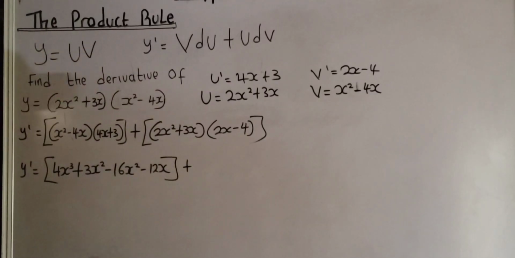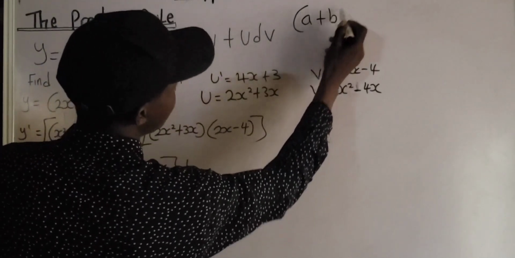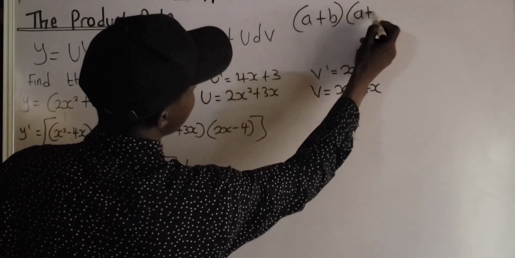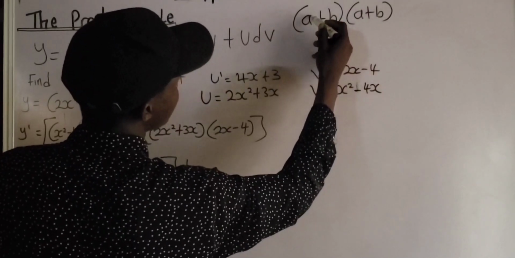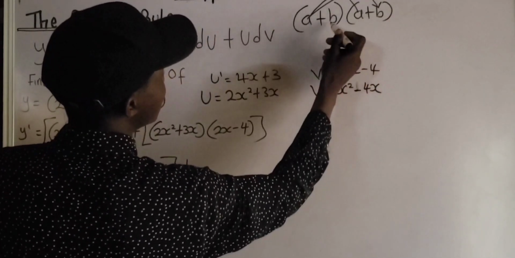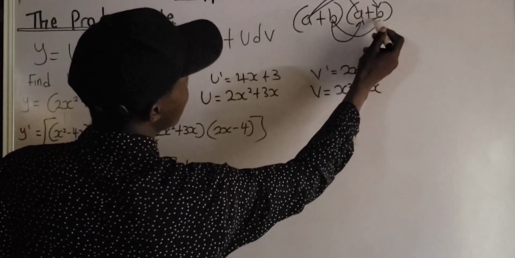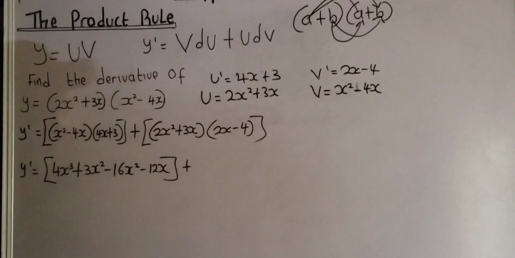Please, I want you to pay attention. When you are expanding brackets, just like what we did the other time, a plus b multiplied by a plus b, you use the first term to multiply both of the terms in the second bracket. Then you use the second term in the first bracket to multiply both of the terms in the second bracket also. Do you understand? That's what I did here.